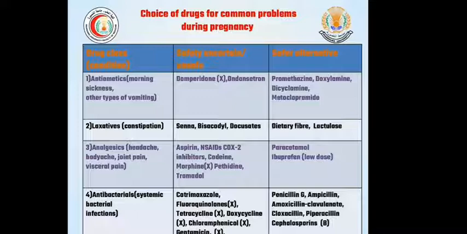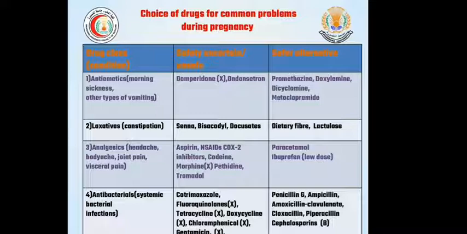You must avoid domperidone, which is class X. The safe alternatives are metoclopramide, promethazine, and dicyclomine. They are safe alternatives for antiemetic drug use during pregnancy. If the female needs laxative, you can choose dietary fibers or lactulose. Avoid senna and bisacodyl.